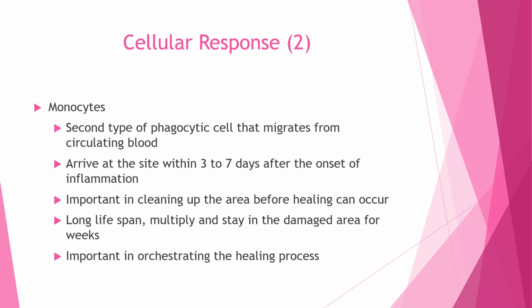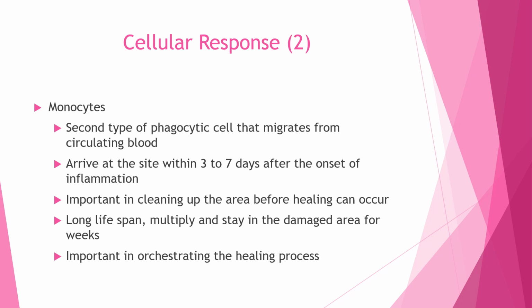So now the monocytes. The monocytes are the second type of phagocytic cell that will migrate from the circulating blood to this injury. They will arrive at the site within 3 to 7 days after the onset of the inflammation. These are important in cleaning up the area before any healing can occur.